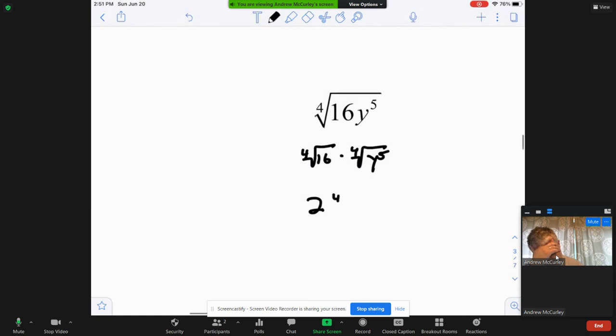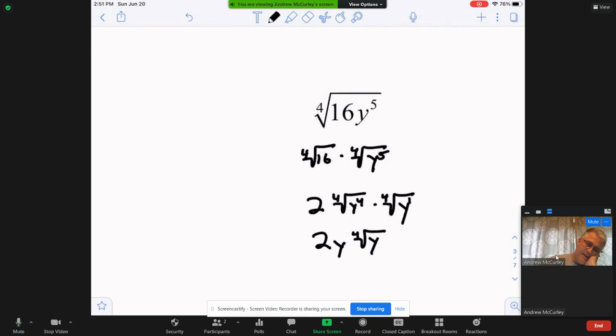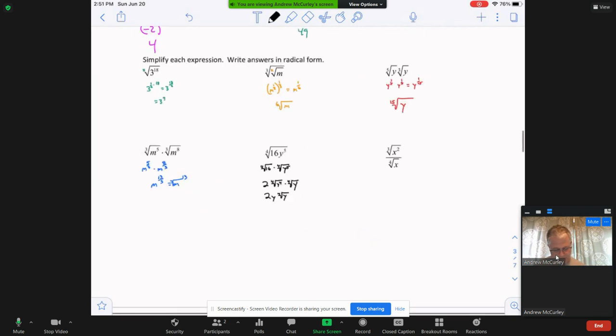You could do the 4th root of y to the 4th times the 4th root of y. So together those are like a 5th. So this is going to be 2y, and we are left over with the 4th root of y. Or you could have made it 5/4 and then just said 1 and 1/4. Either one of those is going to work.